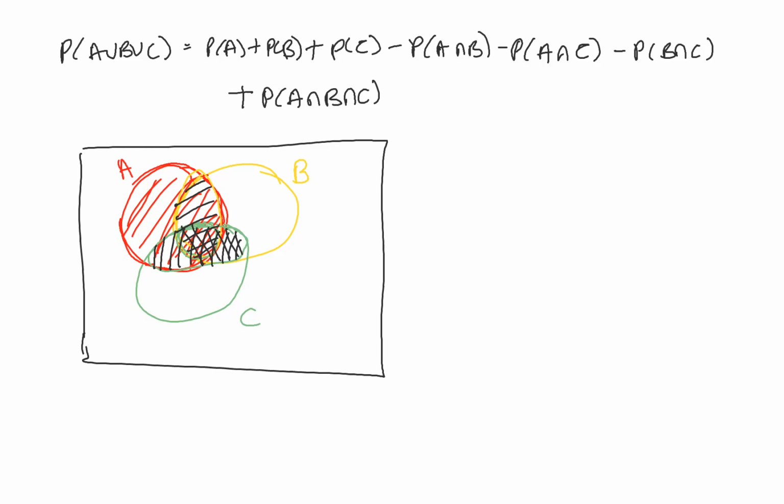Because all of those sides were double counted, okay? And it's important that we add back this side because in taking out these three sides, you'd have eliminated this side totally. All right.